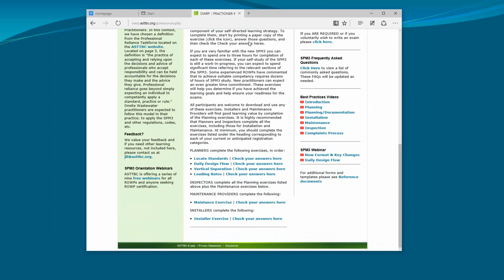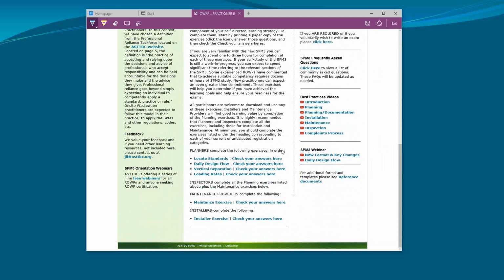It includes learning exercises that I did that will be extremely helpful, especially if you need to write the exam. These exercises have an accompanying answer sheet, and they'll help you self-assess your competency, help prepare you for the exam, or just help you improve your competency.